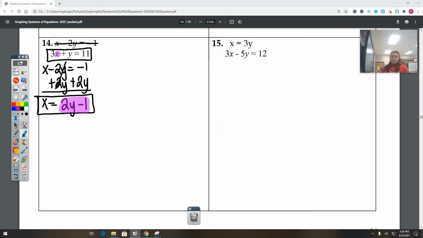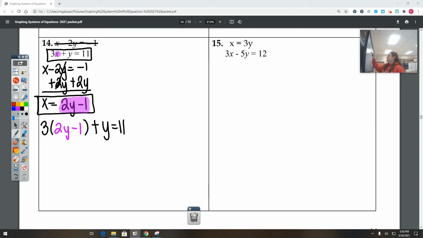So I'm going to rewrite this top equation, but instead of 3 times x, I'm going to put 3 times (2y minus 1), since that's what x is. Then keep writing the rest, plus y equals 11. Now that we only have y's in our equation, we can go ahead and solve.